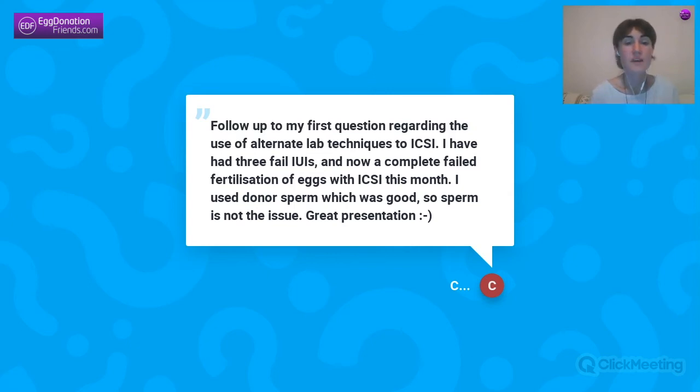But this is right now what I can think of. Failure of egg activation could be the only thing that could maybe solve it, the calcium ionophore, or otherwise the egg quality is so bad that it's preventing the fertilization. Or no, but it was ICSI, so yeah.